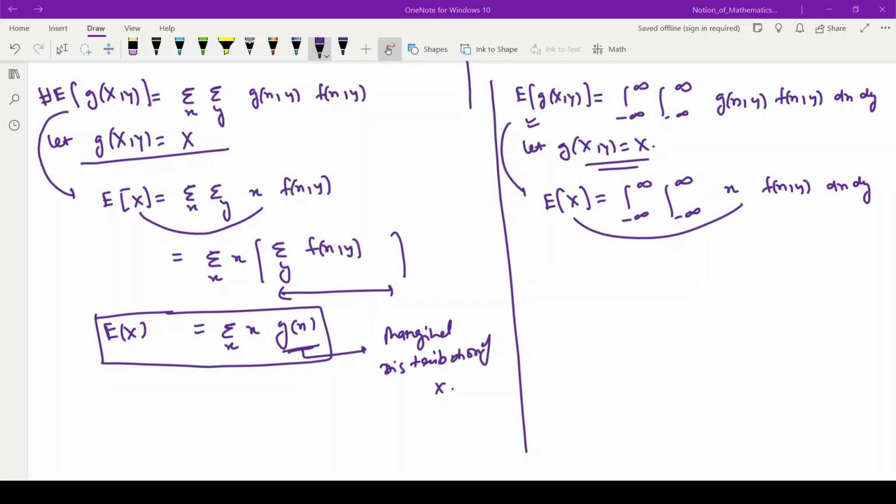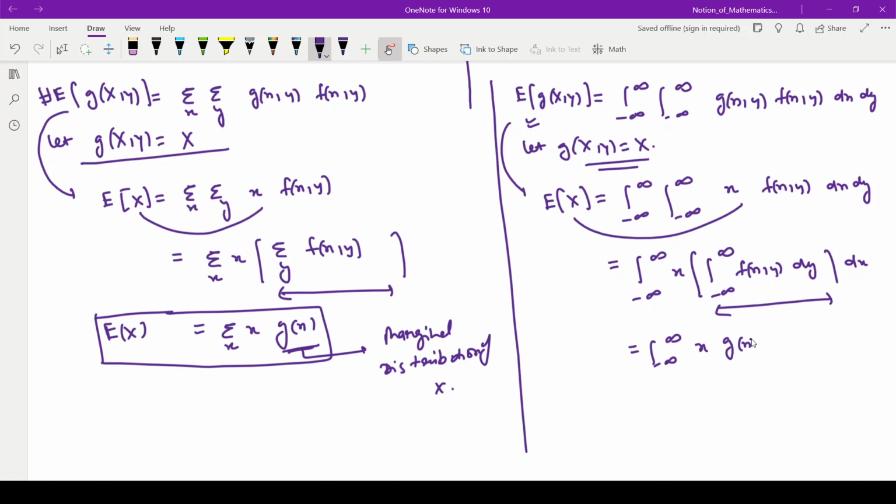I can extract x separately and then inside it, minus infinity to infinity f(x,y) dy, and this, students, is again the marginal distribution for x. So it is minus infinity to infinity x g(x) dx. So this is the formula of expectation of X in such a way.